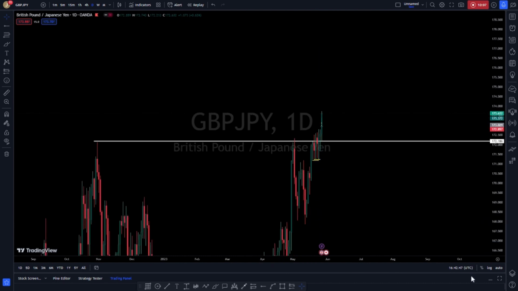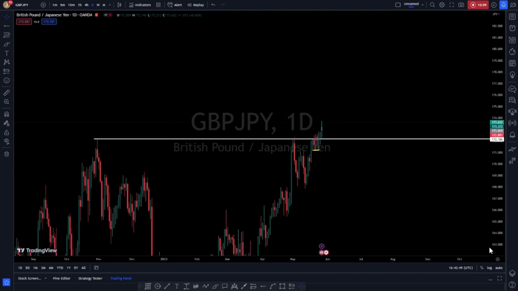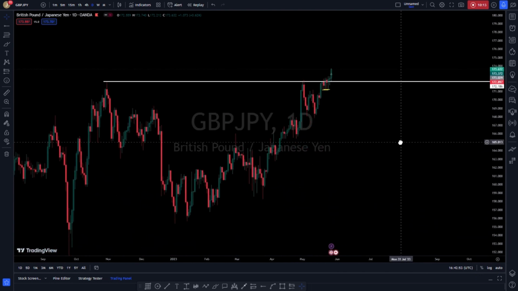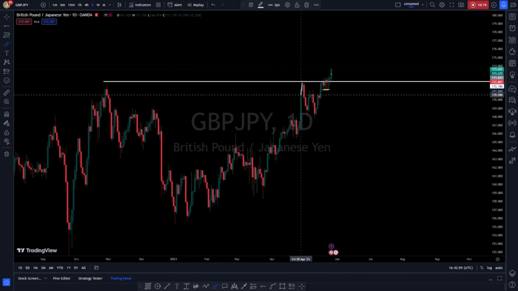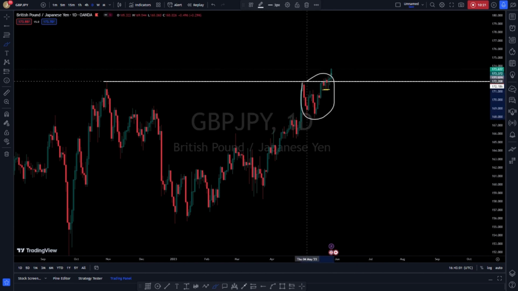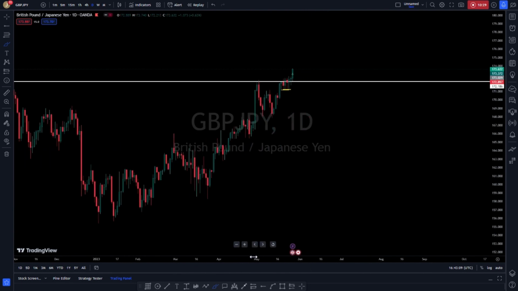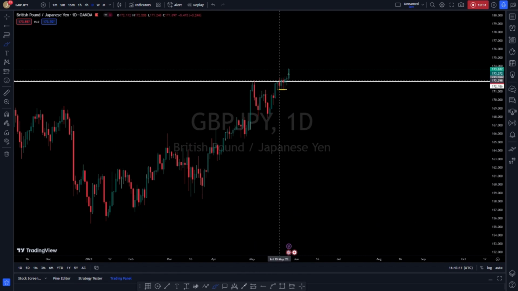You can see from the past few weeks, you notice this kind of squeeze around this area, so it has not really given a clear direction. You can see how many days it was ranging around this high here.